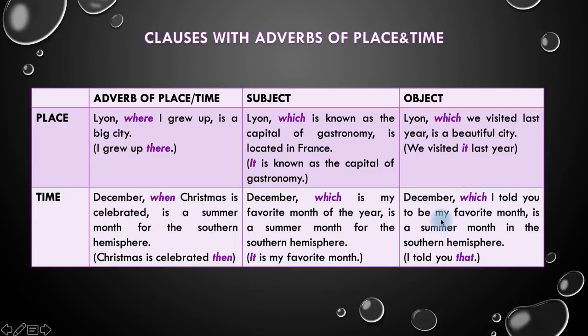December, which I told you to be my favorite month, is a summer month in the southern hemisphere. I told you that. This is what we mean by which. Not the time, but we give an additional characteristic about this month, December.